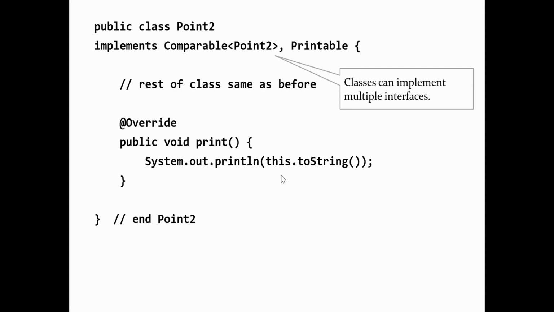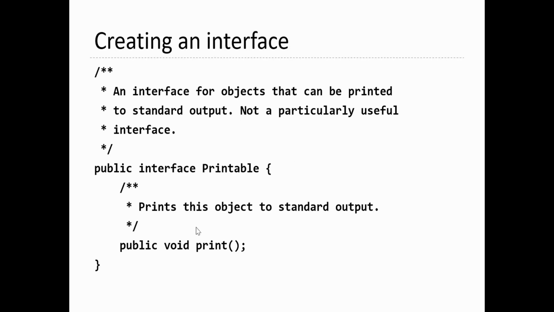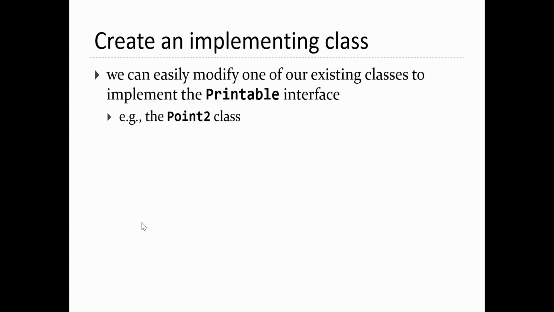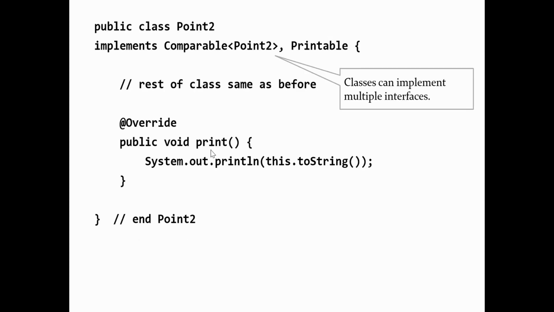Now someone can make a list of Printable objects, because an interface is just a type. The Printable name defines a type. They can add any object to that list that implements the interface. So they can add a bunch of points and then print the points just by looping over the list and calling the print method on each object in the list.